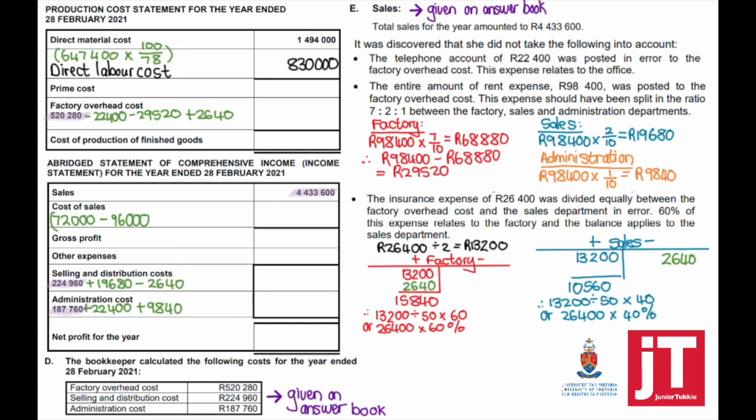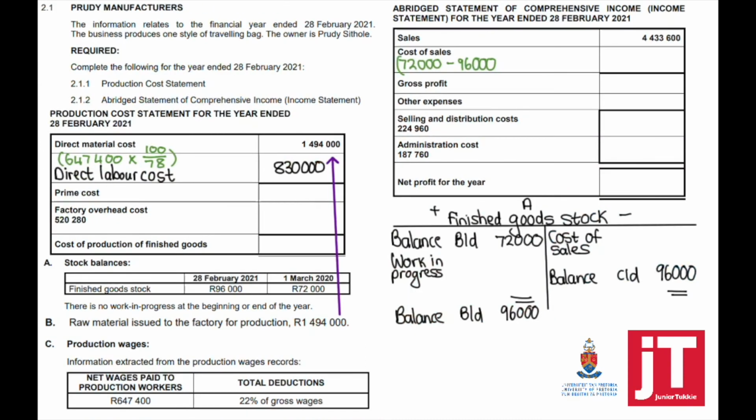We still need to add the work in progress stock amount, in other words, the cost of finished goods produced. And then we need to subtract the finished goods stock balance so that we can find out the cost of sales. Just so that you can see again, the finished goods stock, balance in the beginning minus the balance at the end. We still need to add the work in progress and then we can calculate the cost of sales.